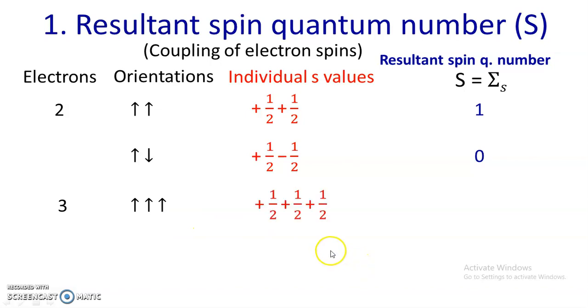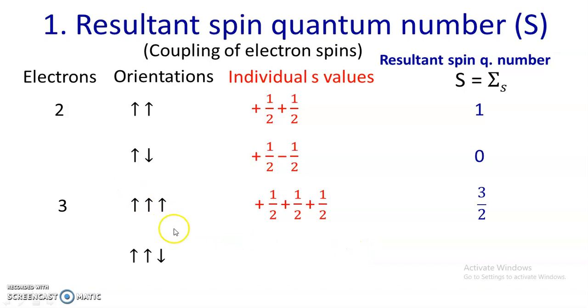Individual spin quantum number values are plus half, because all the 3 electrons are spinning in the clockwise direction. And the resultant spin quantum number value is the algebraic sum of these 3 values. When we take the sum, it comes to 3 by 2, that is 1 and a half. 3 by 2 is the resultant spin quantum number.